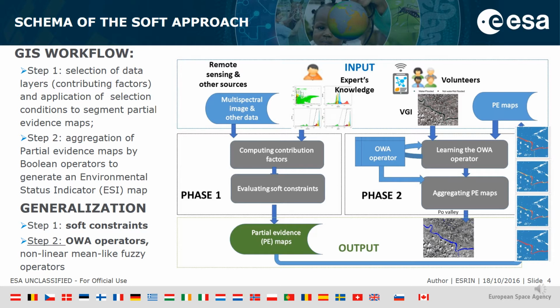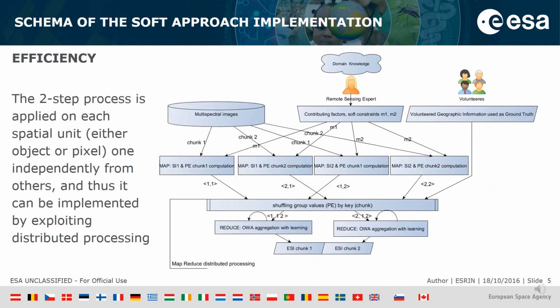And this is what we perform in the second phase of the algorithm. Once it has been learned, based, for example, on in situ observation provided by volunteers or by photo interpreters, the aggregator is applied to the partial evidence maps that are yielded by the first phase in order to produce the final environmental status indicator map.